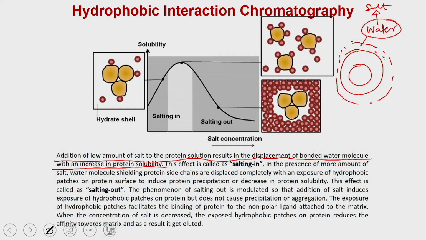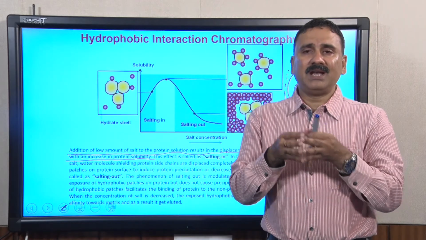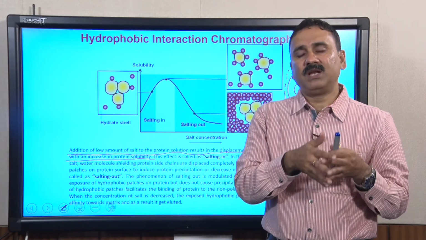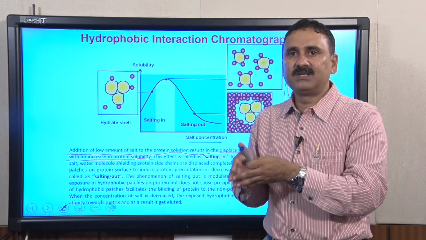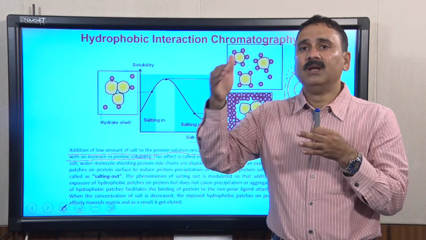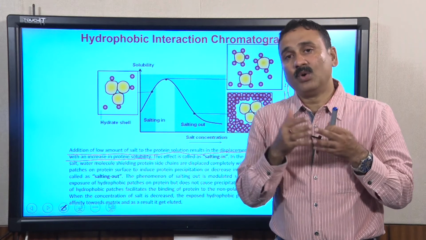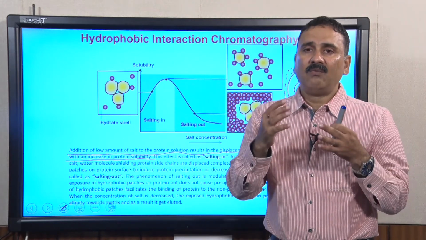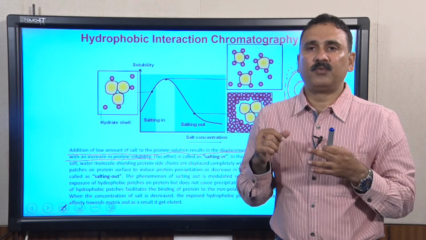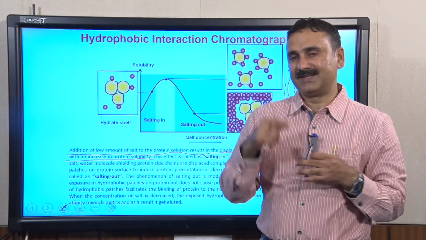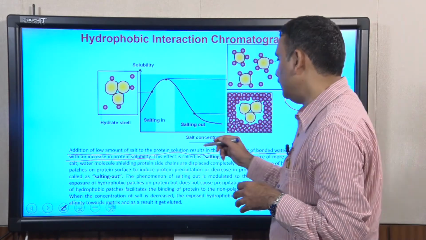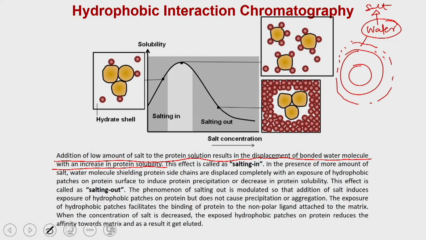Why does it increase the solubility? Because it increases the number of protein molecules that can additionally be solubilized, since you are removing the water, and that makes more space available for more protein molecules to be solubilized.